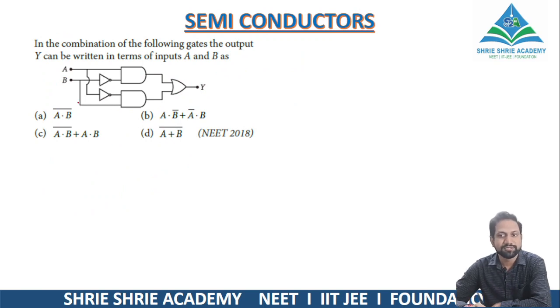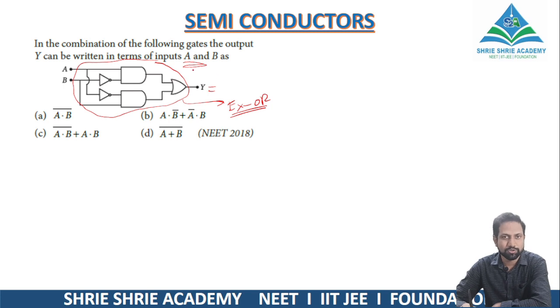And next it is the combination of the following gates. The output Y can be written in terms of inputs A and B. They are asking for the output. If you remember my class, it is an XOR gate. It was given in the class itself, but you want me to show the proof here.